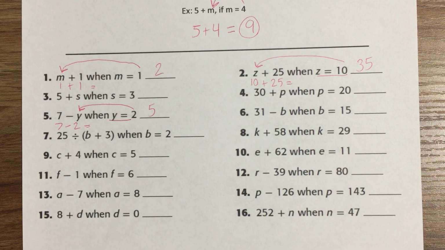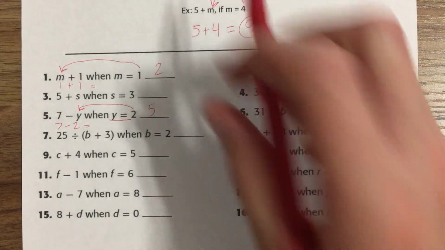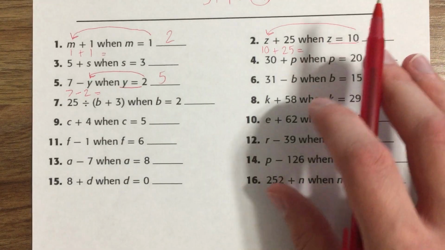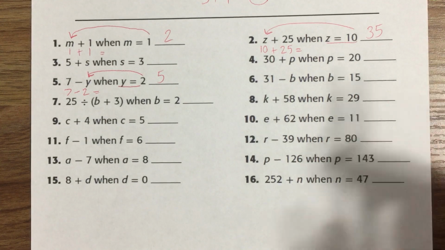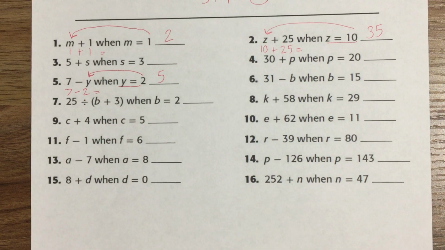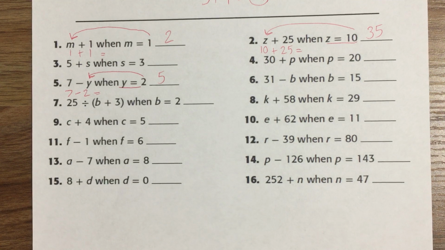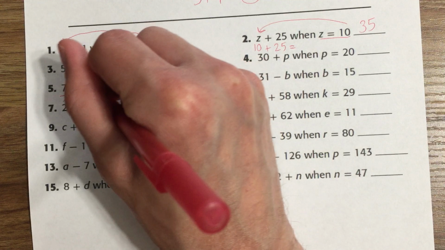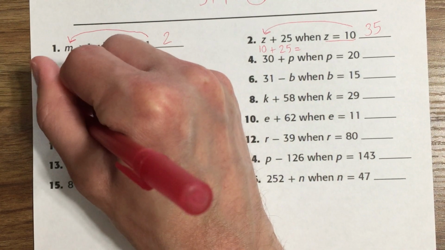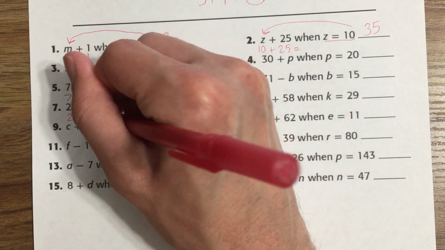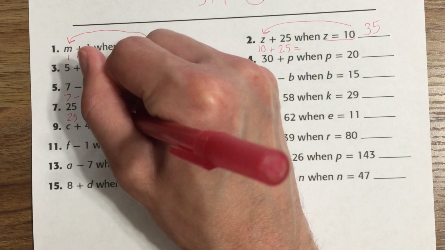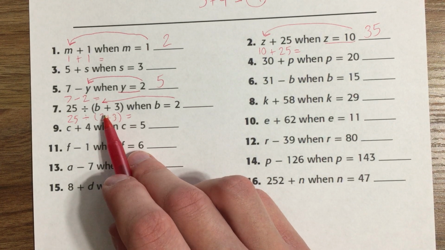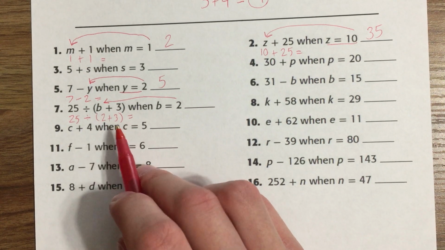Number 7, they really throw us a curveball here. This was only supposed to be an addition and subtraction video. What is this? I can't even speak. I'm so confused. There's a division sign. But you know what? That's okay. 25 divided by (b plus 3), and they tell us that b is actually 2. Well, first of all, and this is another video we're going to do later on, 2 plus 3 is how much?